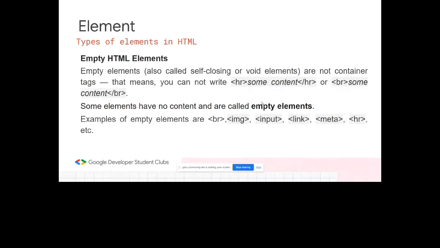We learned about the different types of HTML elements, like empty HTML elements and nested elements. Nested HTML elements are also called content type elements. The elements which have only the opening tag are termed empty elements, like the br break tag, image tag, input tag, and link tag. All of these come under empty HTML elements.